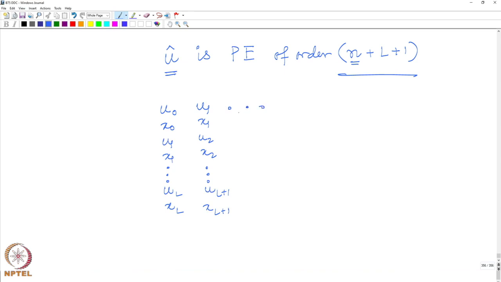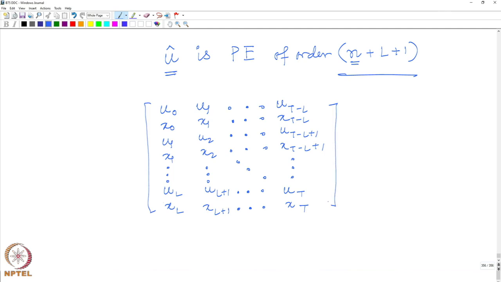I am actually writing out the Hankel matrix of Lth order with input and state data: u t minus L x t minus L, u t minus L plus 1 x t minus L plus 1, dot dot dot u t x t. I should put a hat here, to distinguish that these are coming from the measured data.